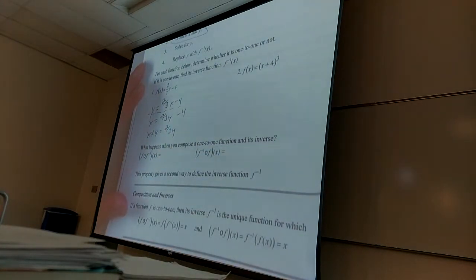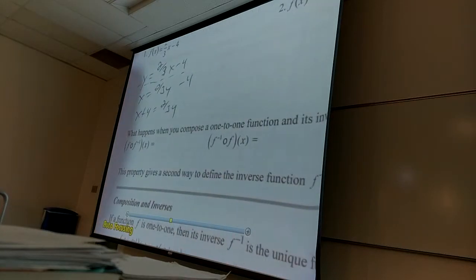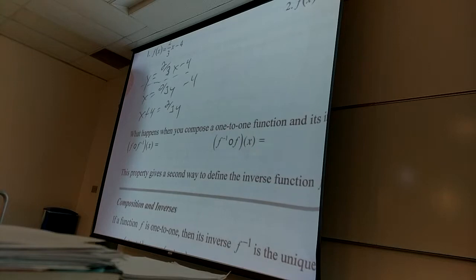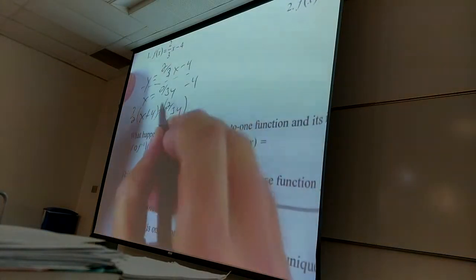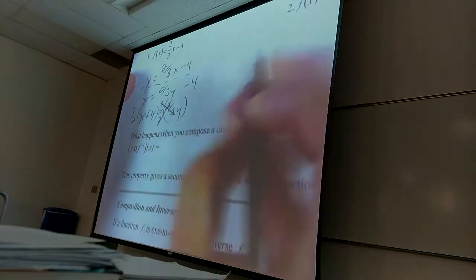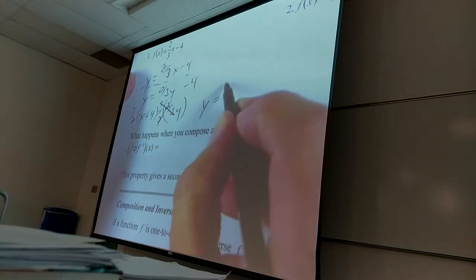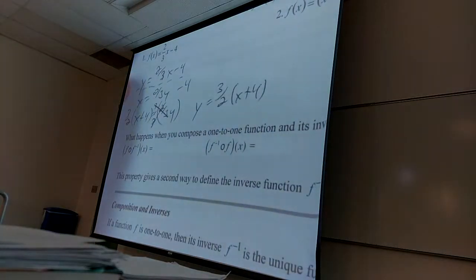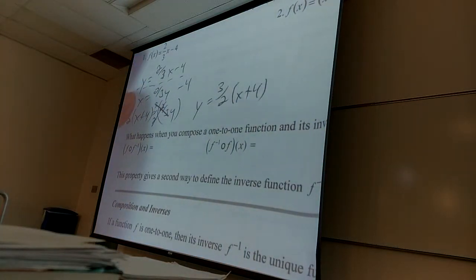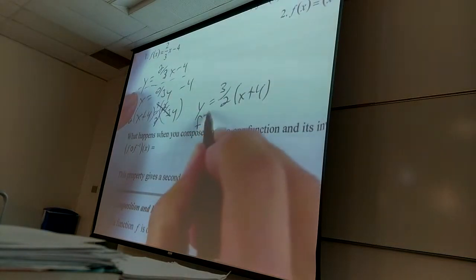When I have a 2/3 in front of my variable, how do I solve for that variable? Multiply by the? Yeah, reciprocal. I like it. 3 over 2. You can see why it cancels that out. So I get y equals 3 over 2 times x plus 4. And if you want to, you can distribute that. I don't care. That is now f inverse.